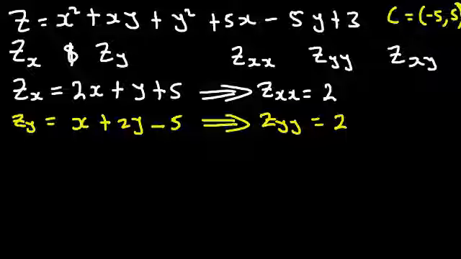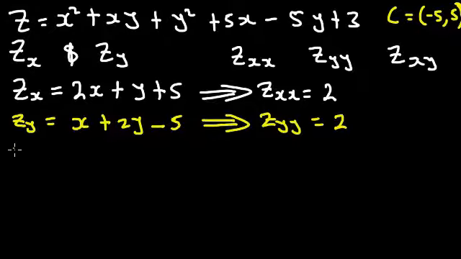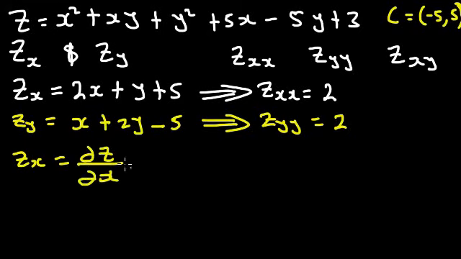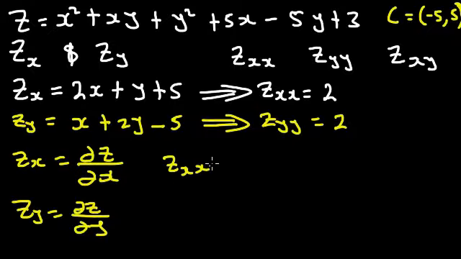Now, something just popped into my mind. For those who may be confused, z sub x is the same as ∂z/∂x. And for z sub y, we have ∂z/∂y. And for the second partial derivative, z sub xx, that's ∂²z/∂x².